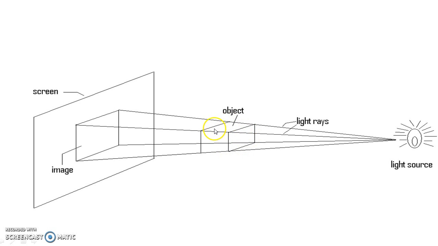If we replace these elements, screen, object and light source, by plane of projection, then the object remains the same, and instead of light source we replace it by observer, and when we keep the distance between observer and plane of projection infinite, then all the rays coming from the eyes of the observer will be parallel to each other, and they will meet these four corners and then move ahead to reach the plane.